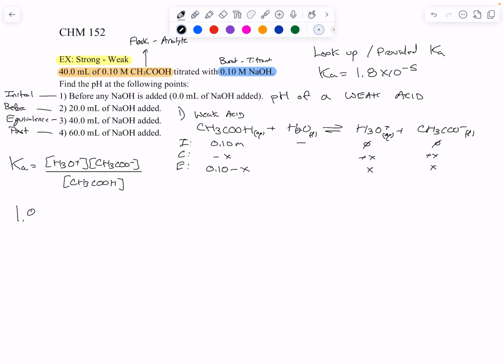So we have 1.8 times 10 to the minus 5 equals x squared all over 0.10 minus x. You can approximate here, right? And that approximation makes this x go to 0. We're approximating the change is negligible.